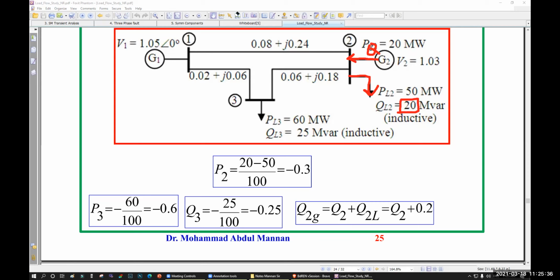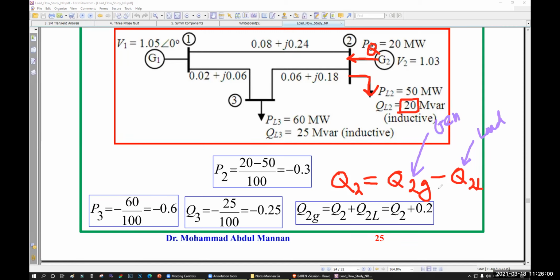So this is the generation, from the generator, and this is the load. The generator will give, the load will take. That's why this minus this. This one we already know, that is 0.2.